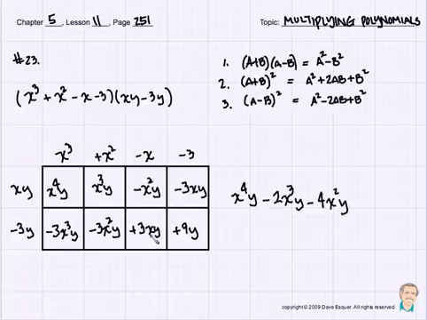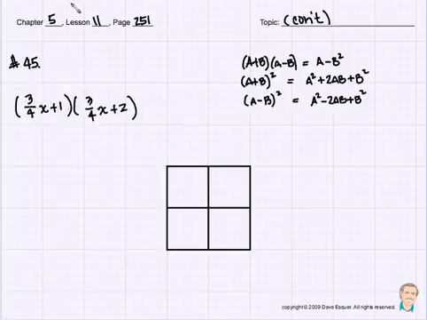Hey, these two cancel out, minus 3xy and 3xy, so one's positive, one's negative, so that gives me a 0. And I finally tack on the last rectangle, the sum of 9y. Let me just check my answer against the answer in the back of the book. Looks like I did it okay. Number 23. Again, with these larger polynomials, sometimes it's easier just to use the box.